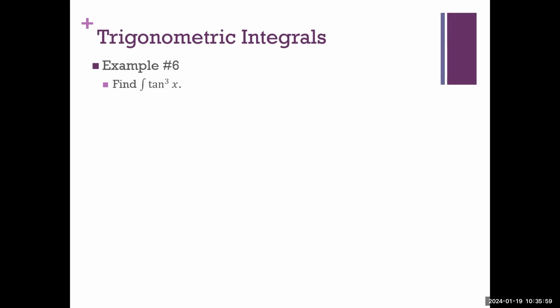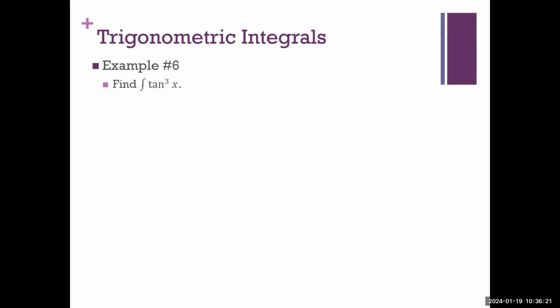So based on the things we've talked about, which way are we going? For one of our schemes, we need secant to be even, right? For the other one, we need tangent to be odd. So which one of those do we have? The latter, right?